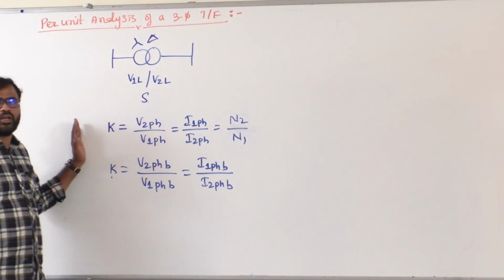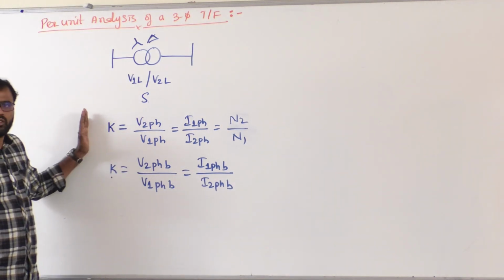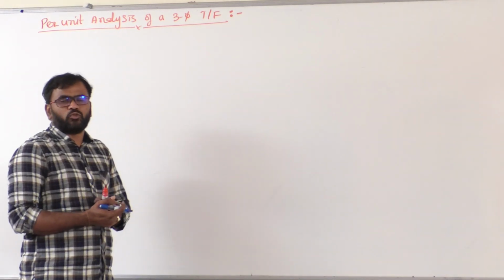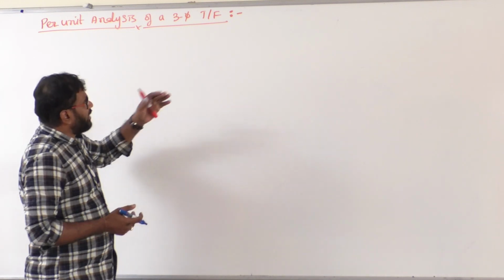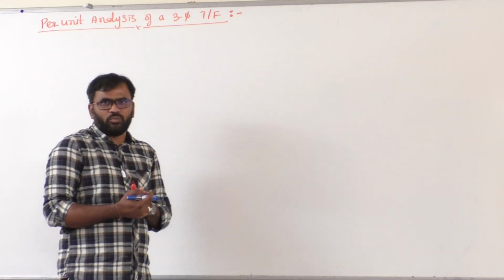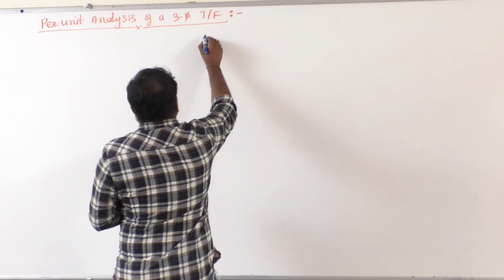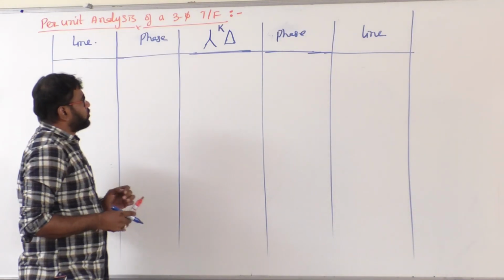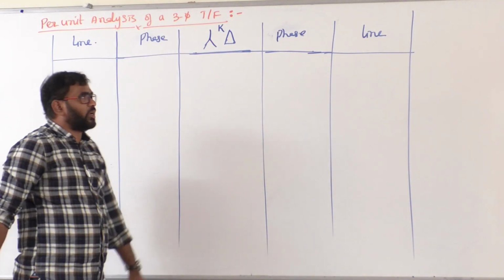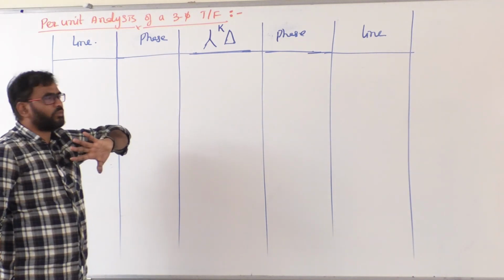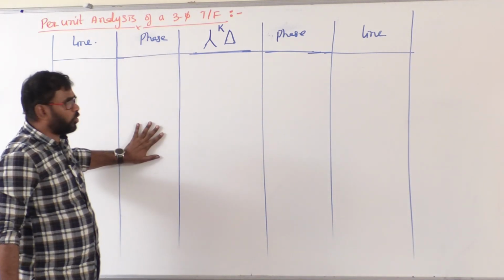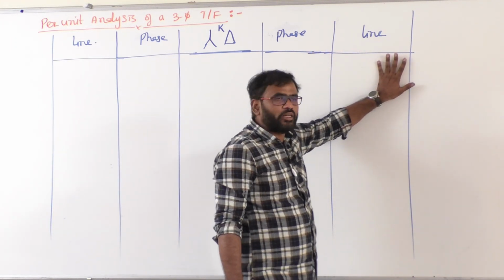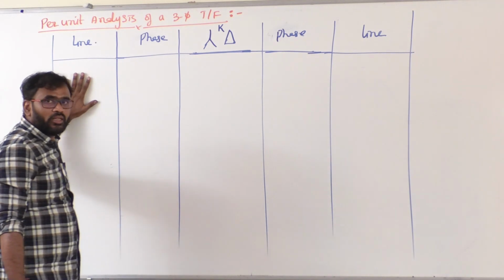So this is the first important thing we need to notice about a three-phase transformer. For better understanding of a three-phase transformer per unit system, I will consider a star delta transformer with a transformation ratio K. I am going to write the primary phase quantities here, secondary phase quantities here, secondary line quantities, and here primary line quantities.